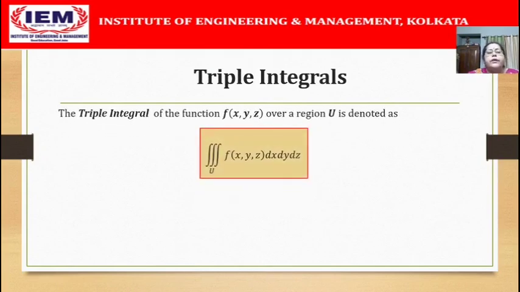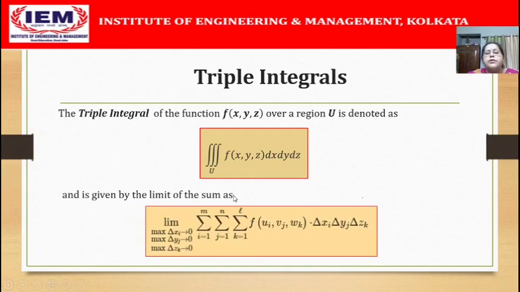We have seen that the triple integral of the function f of x, y, z over a region U is denoted as triple integral f(x,y,z) dx dy dz over U and is defined as the limit of the sum as the maximum of delta x_i tends to 0, maximum of delta y_j tends to 0, and maximum of delta z_k tends to 0, summation of f(u_i, v_j, w_k) delta x_i delta y_j delta z_k, where i goes from 1 to m, j goes from 1 to n, and k varies from 1 to l.